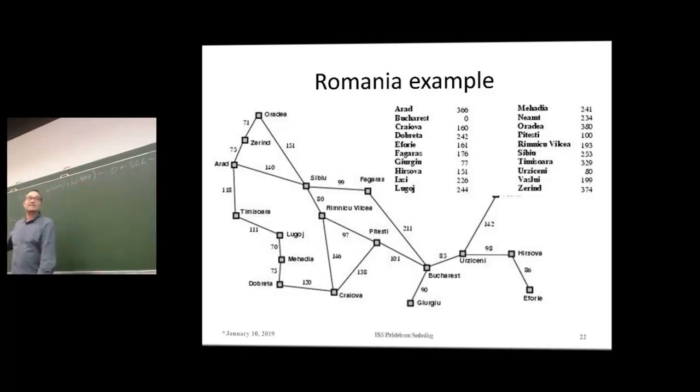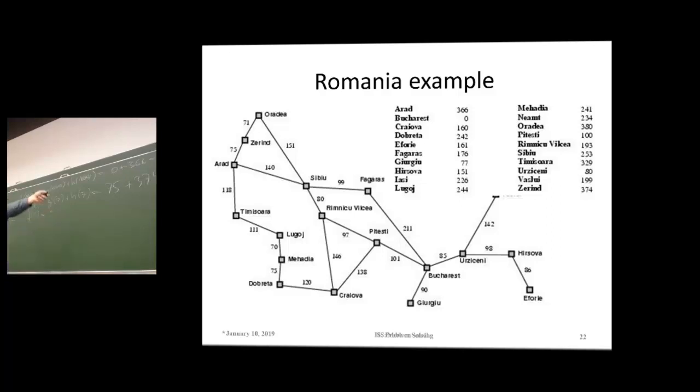And now we have to calculate the f value for these things. So f of Z is g of Z plus h of Z. So it's very, very simple. So what is the g value for Zerind? Anybody? 75 plus the h value is 374 is 449. What is the f value for S?